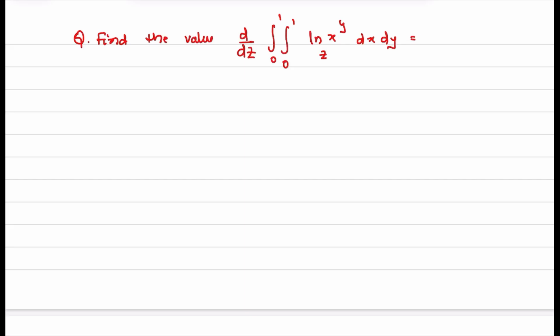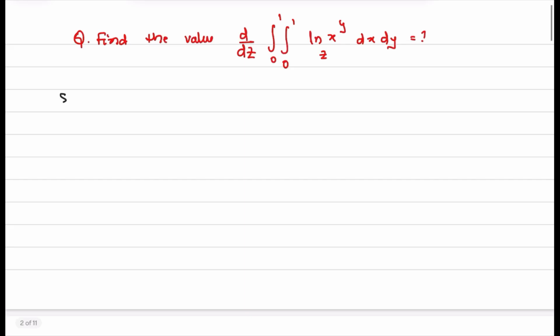What is the question given here? The question is, find the value of d by dz of the double integral 0 to 1 of ln x to the power of y to the base z dx dy.